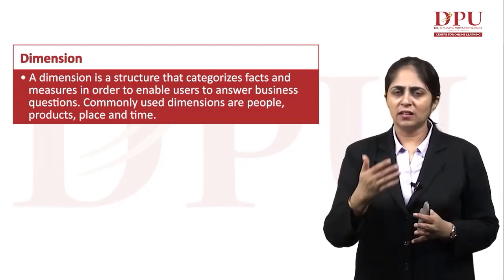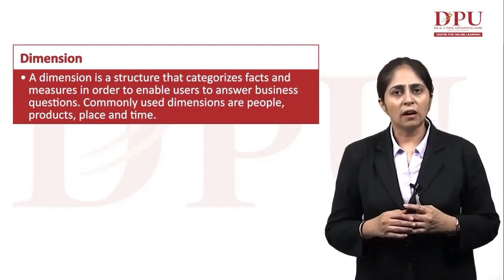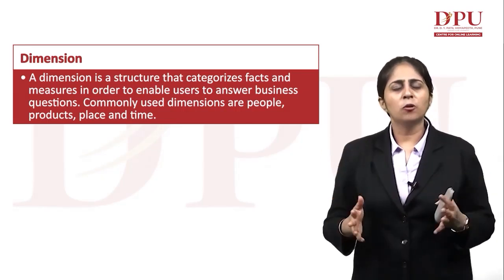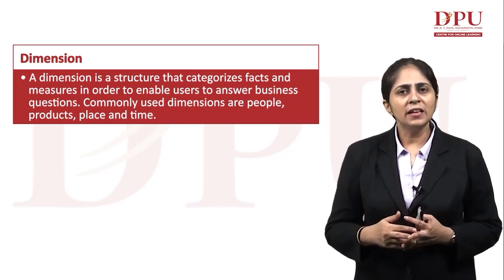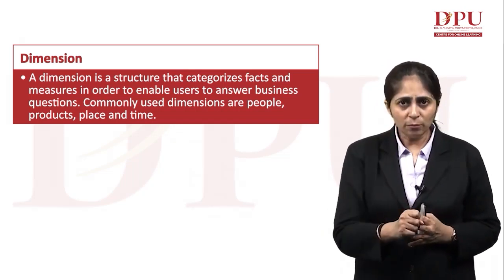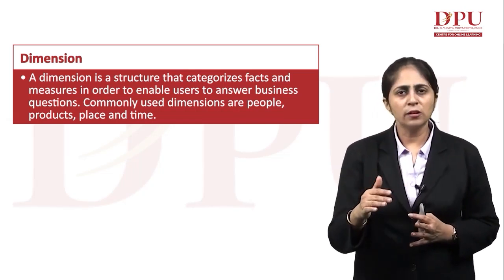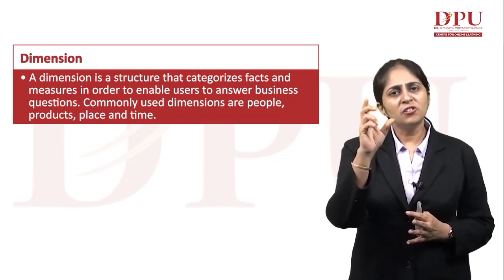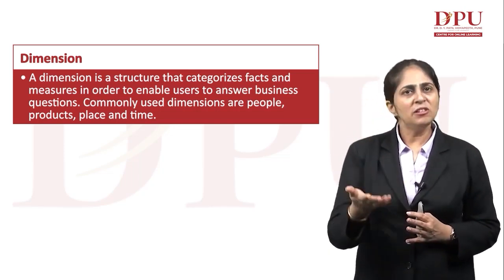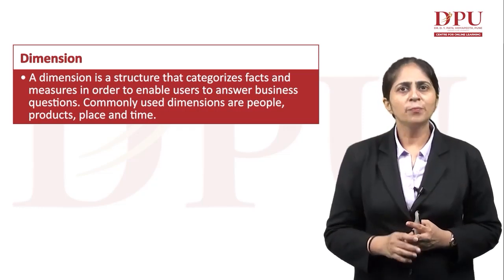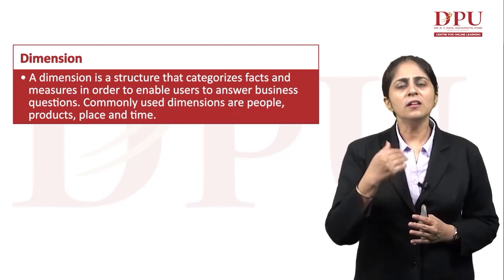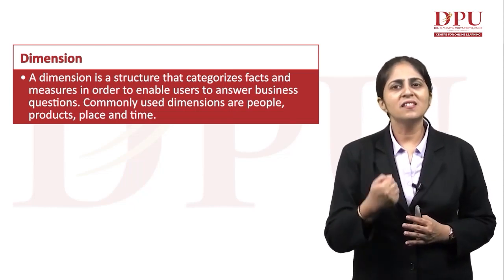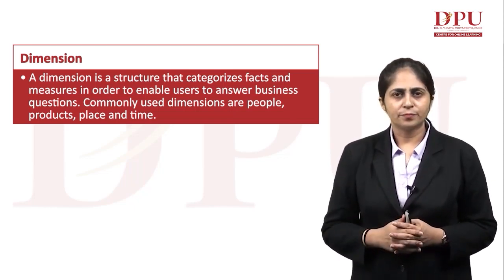Like in our previous example, if we were talking about the sales of a factory, we had taken the dimension of time that we divided into different quarters, and another dimension, location. So a dimension is a structure which categorizes the facts and the measures in order to enable the user to answer the business questions.